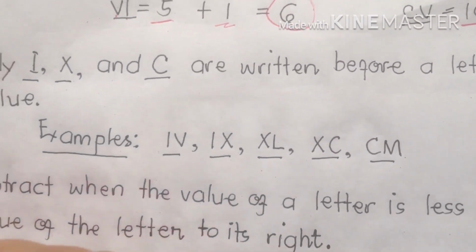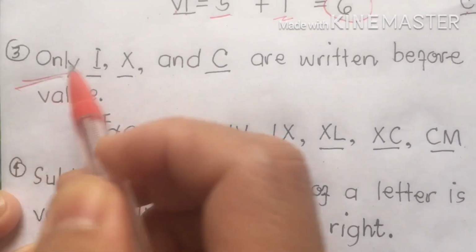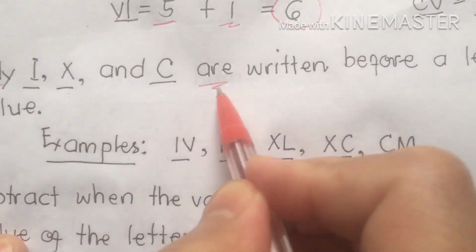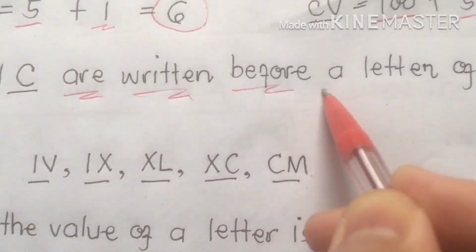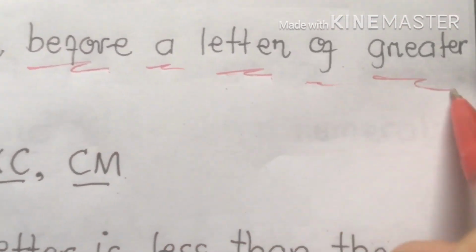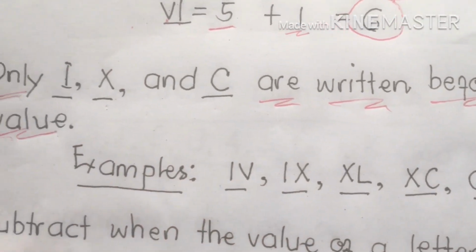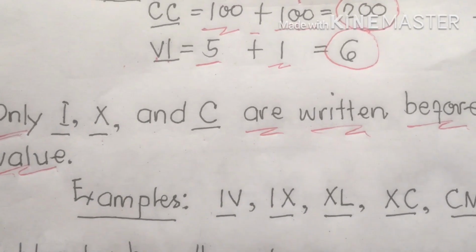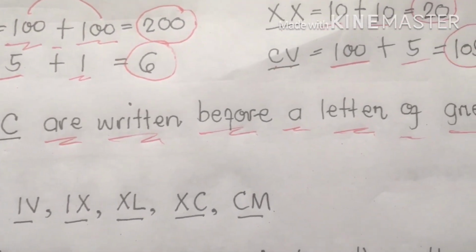Next comes number 3. Only I, X, and C are written before a letter of greater value. Okay, I, X, and C only. We can write them before a letter of greater value.